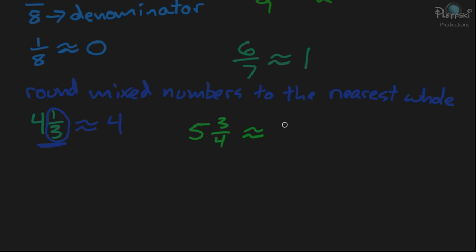So we can round the 5 3/4 up to a 6. And typically, with a mixed number like this, if the fraction is greater than 1/2, you're going to round it up. If it's less than 1/2, you'll round it down. And that's kind of the rule we're going to follow for mixed numbers.